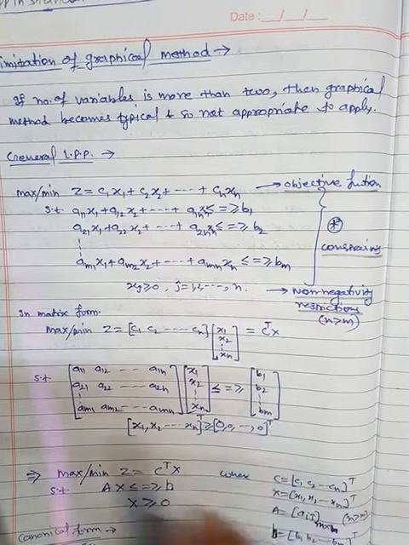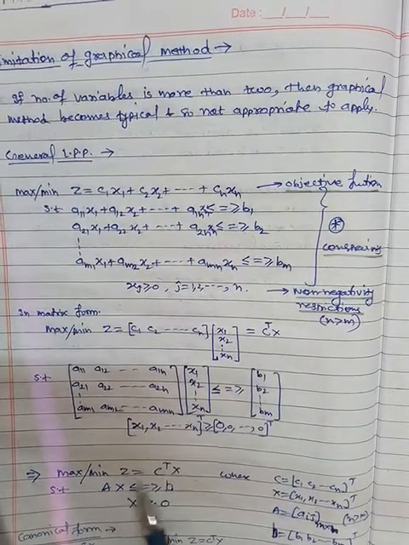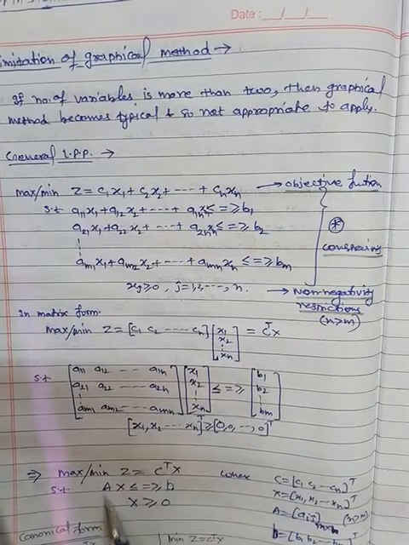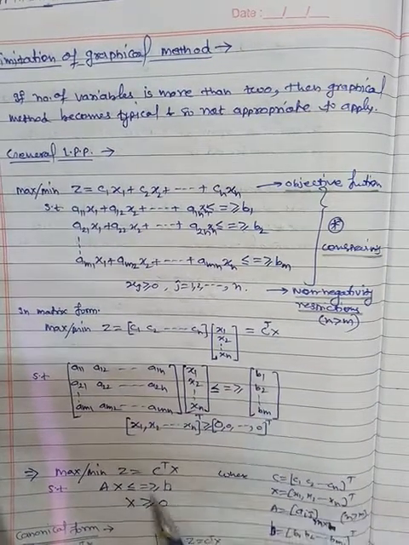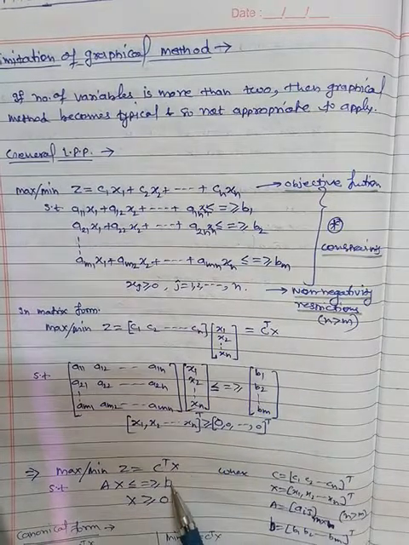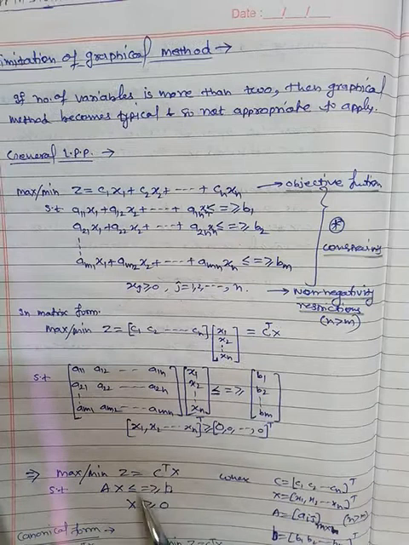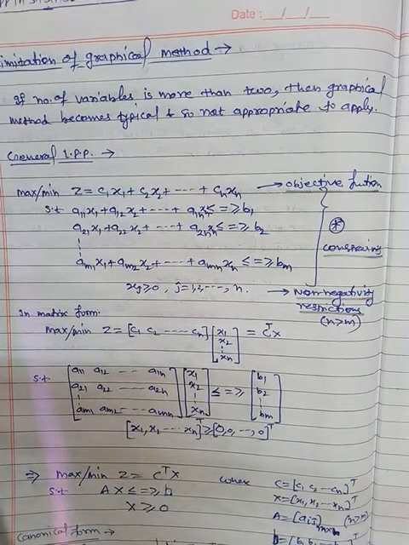In short, this can be rewritten as maximum or minimum z equals C transpose X, subjected to AX less than or equal to or greater than type B, and X greater than or equal to 0, where C, X, A, B are listed here.